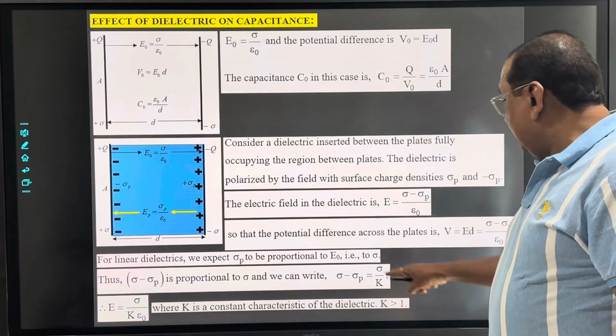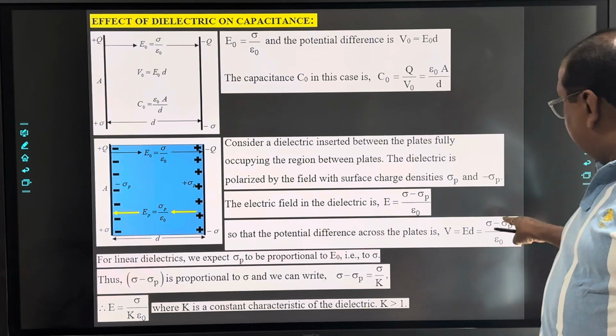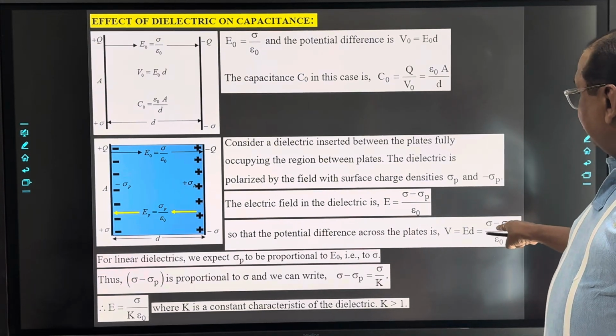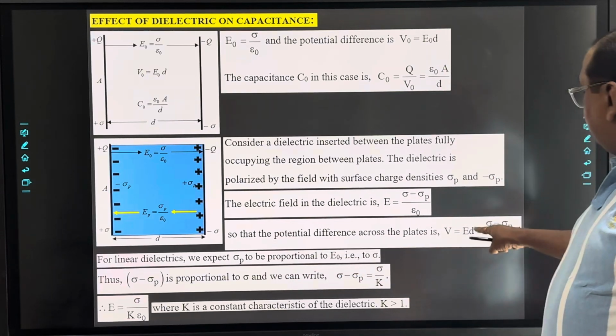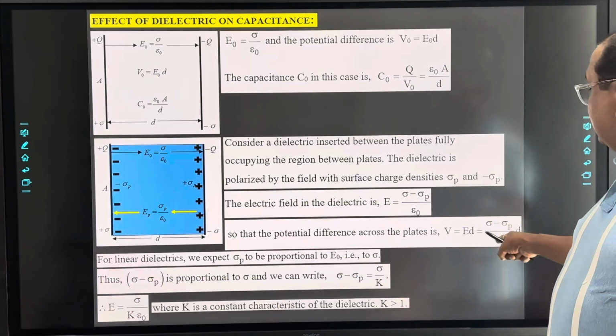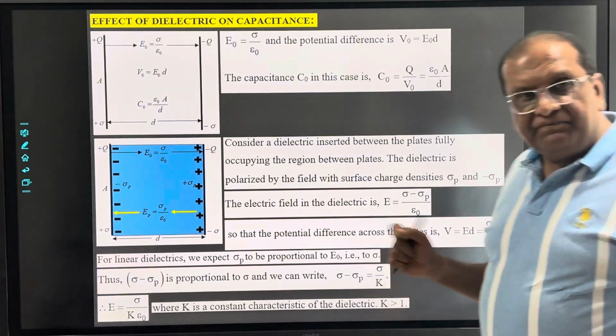So here, if we replace sigma minus sigma p by sigma upon k, then we can write E equal to sigma upon k epsilon 0, and V equal to sigma upon epsilon 0 k into d.